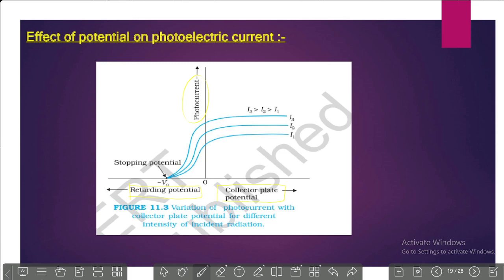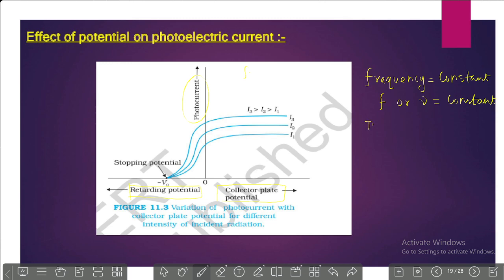Now all of you listen carefully. Your consideration is that frequency is constant here. Frequency you can consider either f or nu. So that is constant.